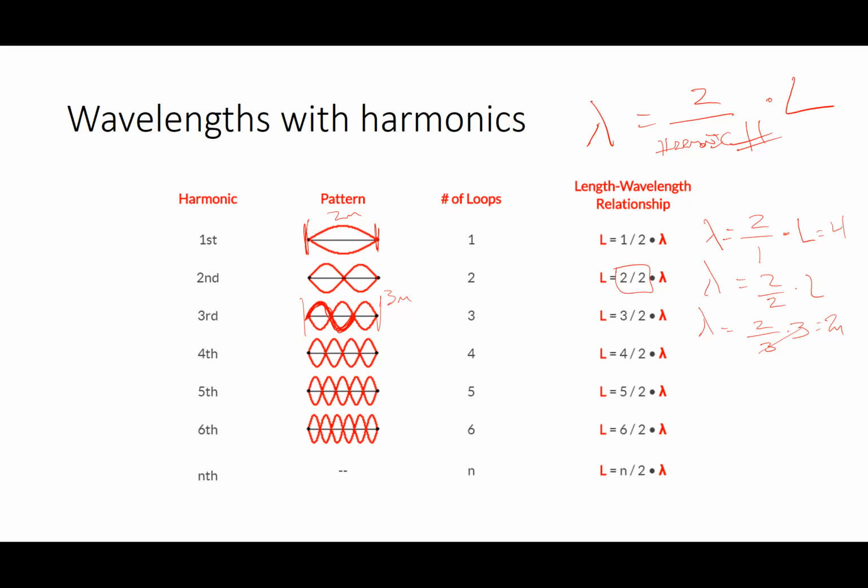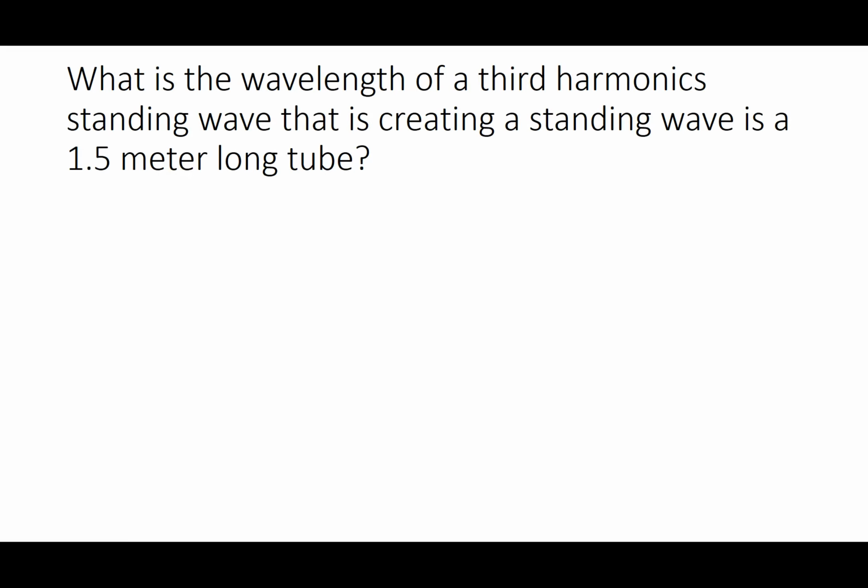Alright, so let's see if we can use this to solve a word problem. What is the wavelength of a third harmonic standing wave that's creating a standing wave in a 1.5 meter long tube? So here I'm going to draw my picture, the third harmonic. Remember, for every harmonic it's a half wavelength, so 1, 2, 3, you get the idea, the third harmonic.